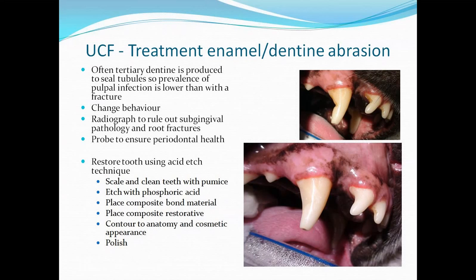You then etch the tooth with phosphoric acid, 37% phosphoric acid, to clean the tooth and open up the enamel matrix. Then a composite bonding material, an unfilled resin, and then a composite restorative are placed onto the tooth, as you can see here, to build up the tooth back to its normal anatomy, and also cosmetically it looks quite good as well.